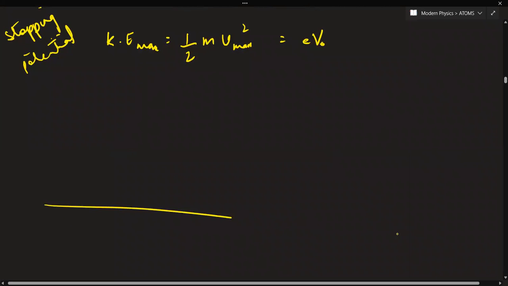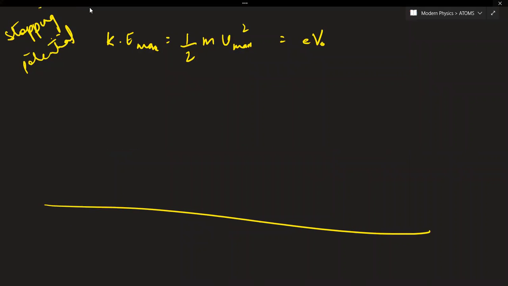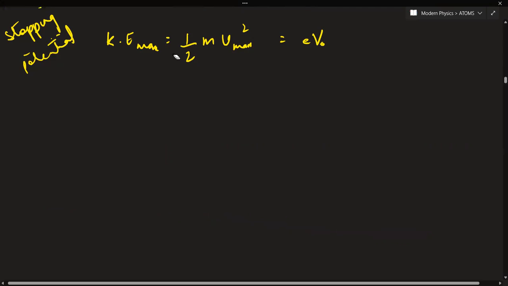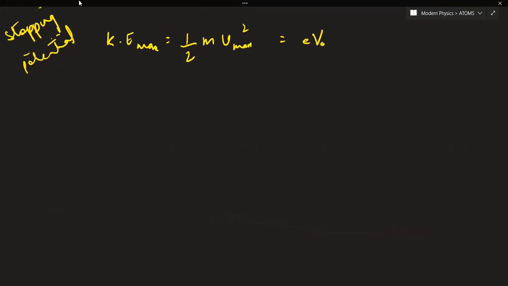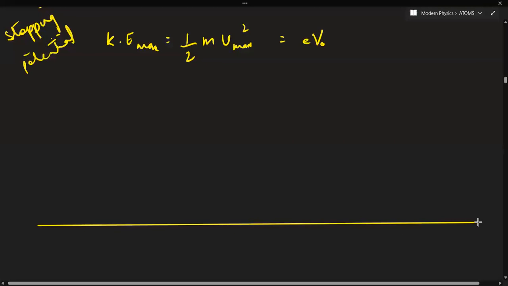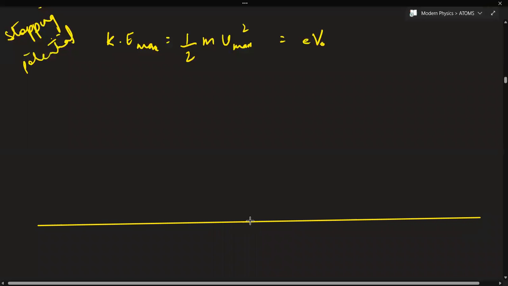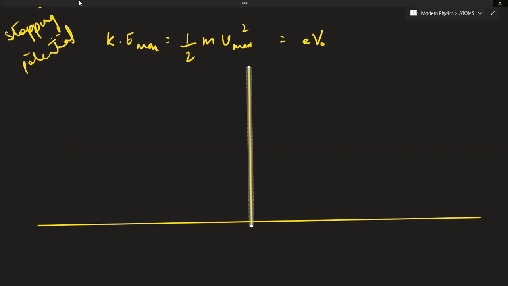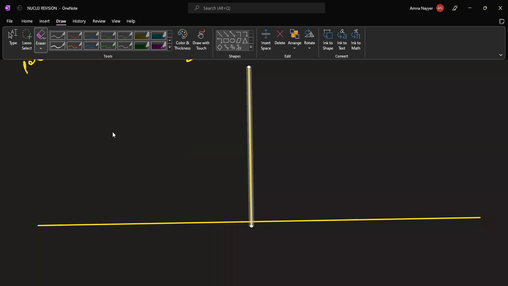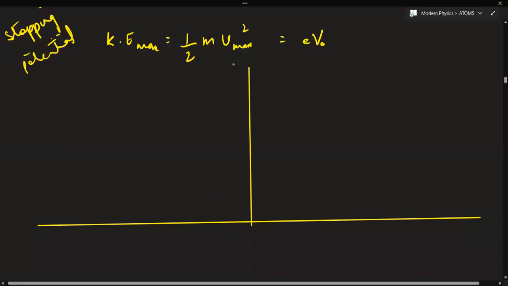Here the y-axis again represents the photoelectric current, and the x-axis represents the anode potential.